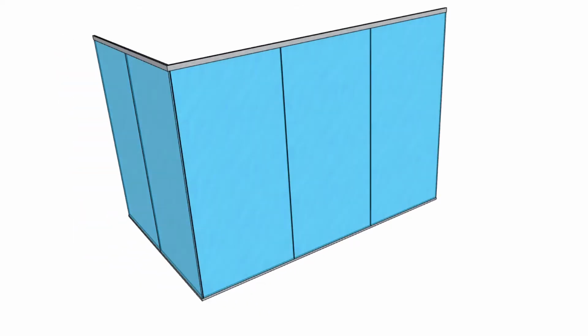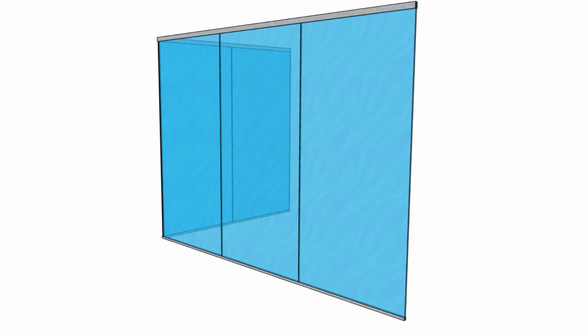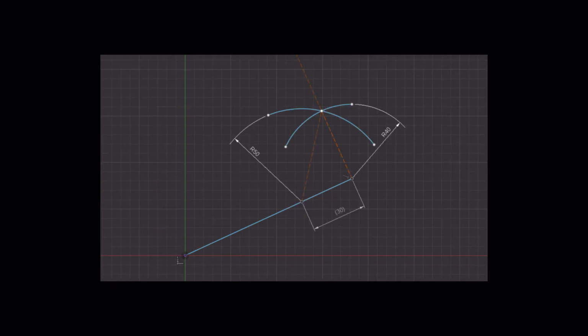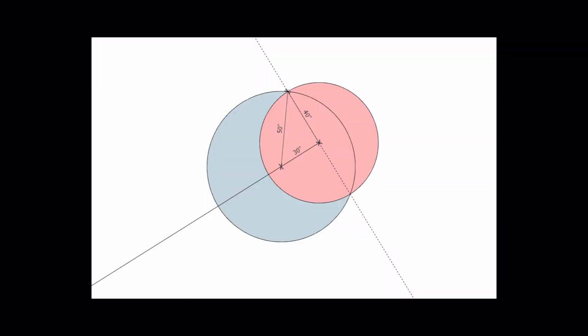We can lay out the locations of walls perpendicular to each other. We can use the dimensions of a 3-4-5 triangle to find a line that's perpendicular to an original line. We do this by measuring out a radius of 40 inches from the end of our line.